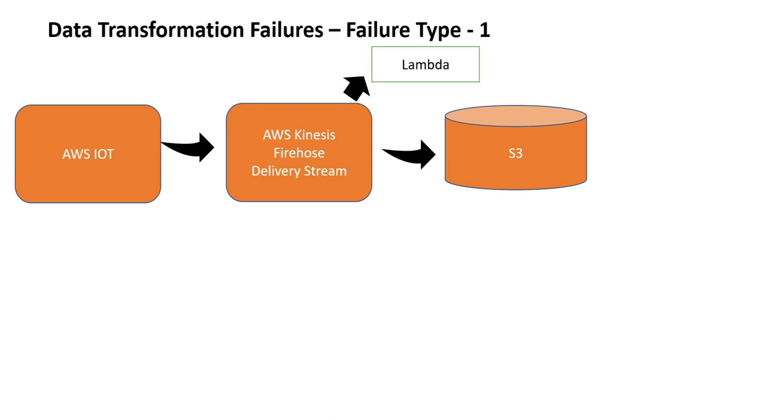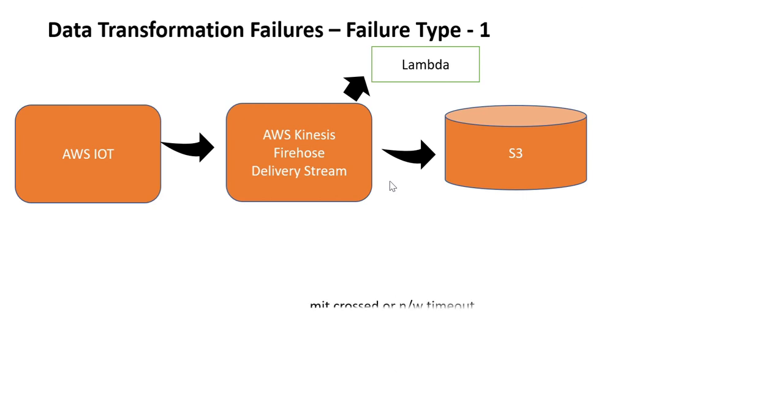Now let's look at failures in data transformation. There can be two types of failures. Let's look at failure type 1. It is like Firehose is invoking Lambda, and due to some network timeout error, there is an invocation problem.